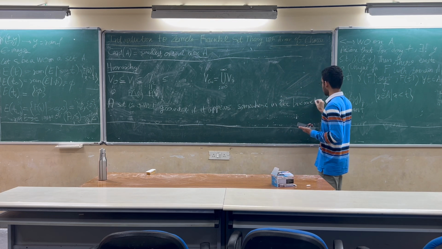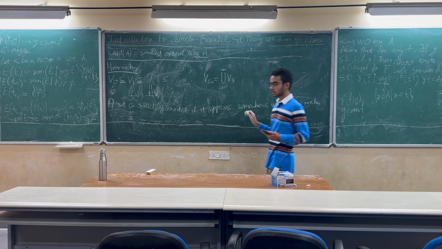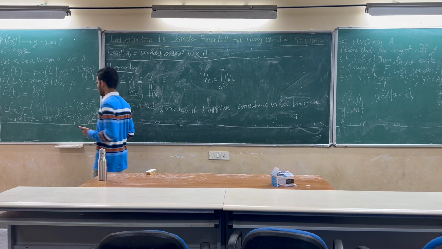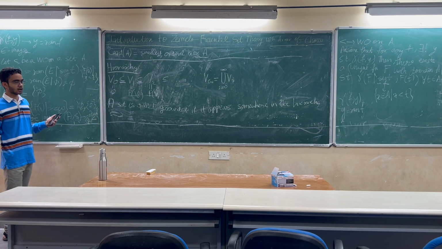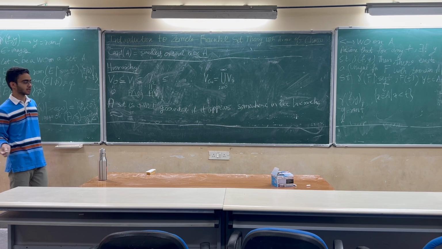It should be contained in some V alpha, and it turns out that this also cannot be proven using the axioms. But obviously, we really want this to be true. We want all sets to appear somewhere in the hierarchy.